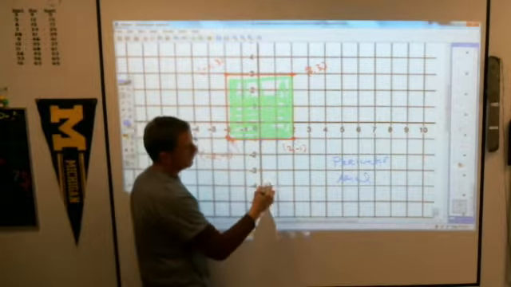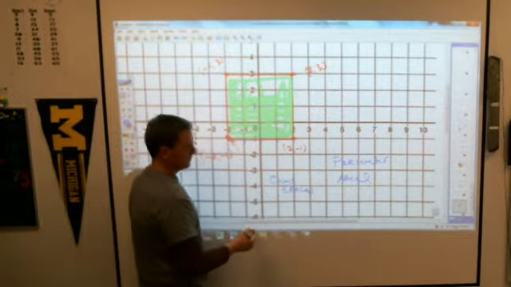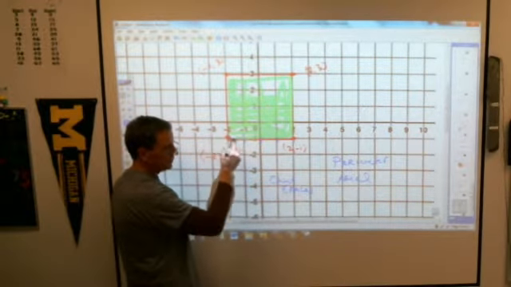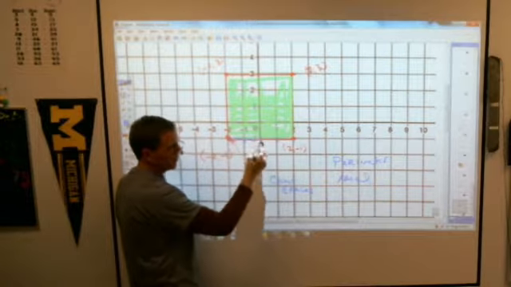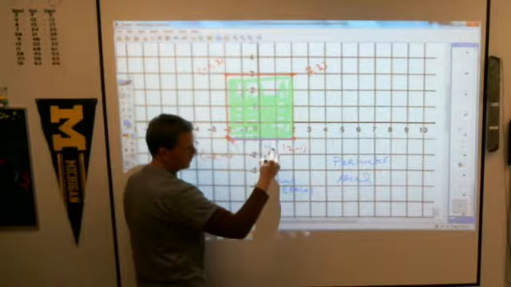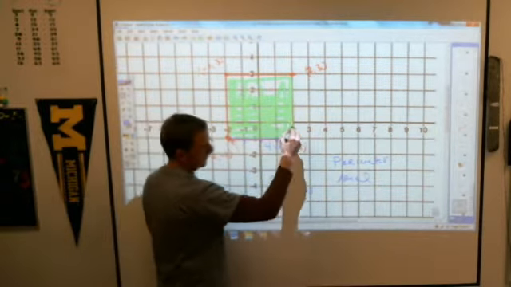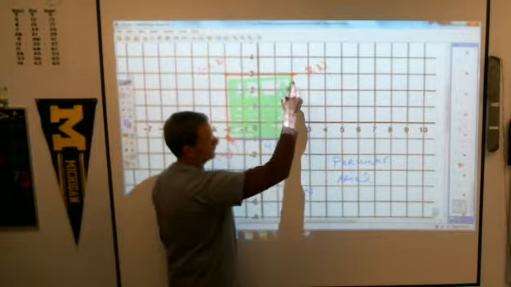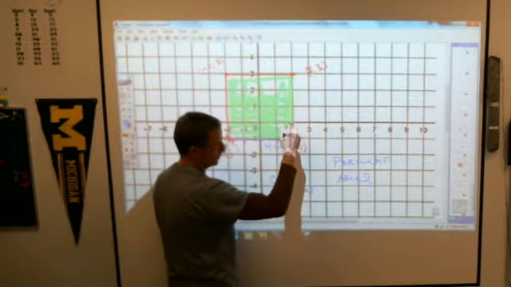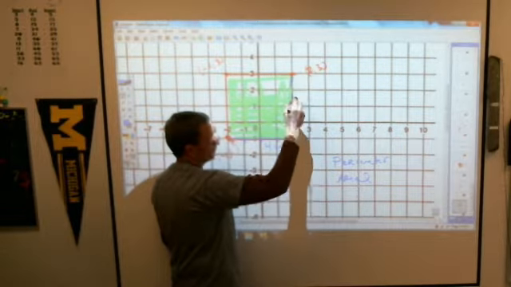You must count the spaces between those lines. This is 1 unit long, 2, 3, 4. This is 4 units this way. Same thing going up. Don't count 1, 2, 3, 4, 5 because you'll get messed up. It is 1 unit, 2 units, 3 units, 4 units.